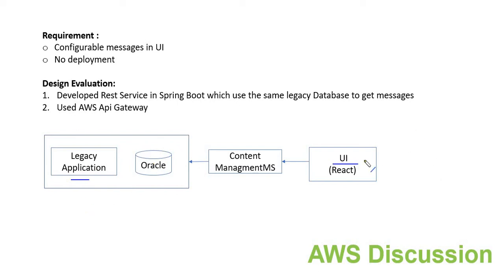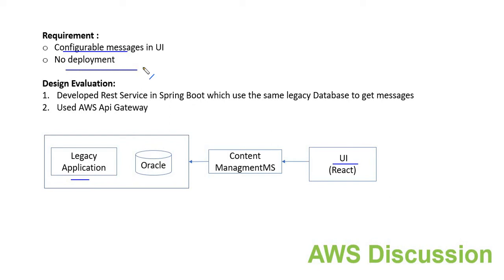The requirement here is that some of the messages we display in this UI need to be configurable. When I say configurable, the business can change that particular message at any point of time, without any downtime of the system, and there should not be any deployment expected for this change.